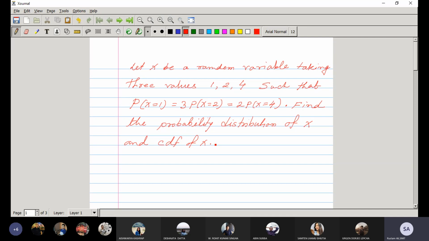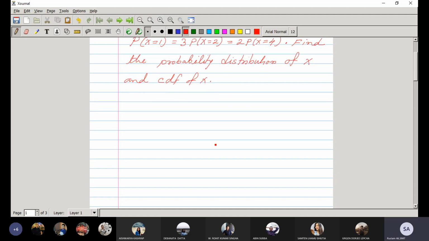So first we need to write the probability distribution and then the cumulative distribution function. So let us now try to solve.